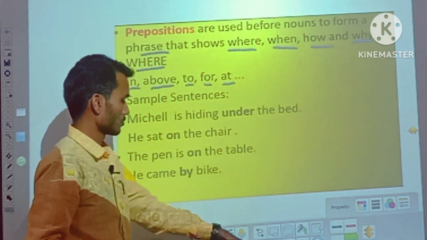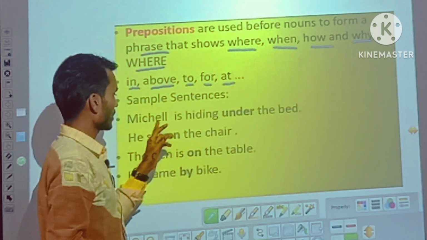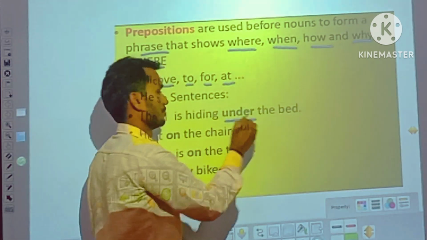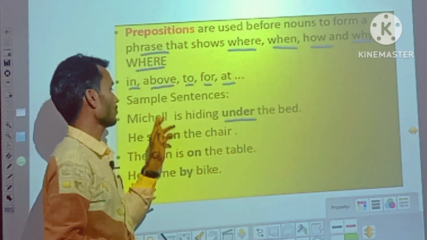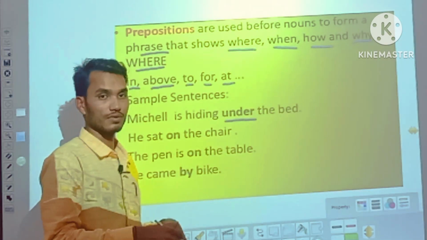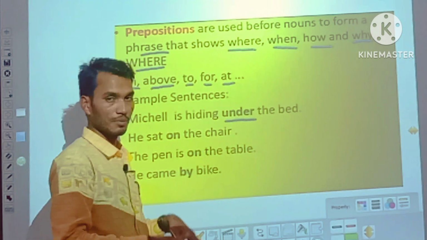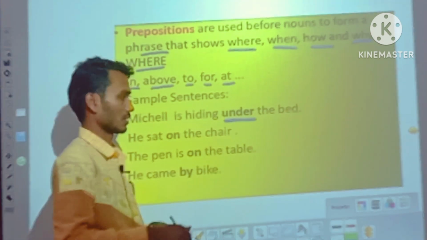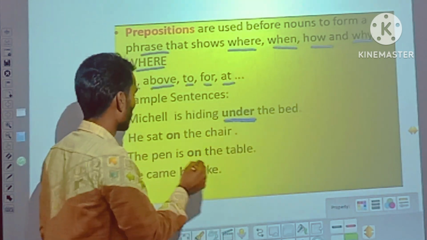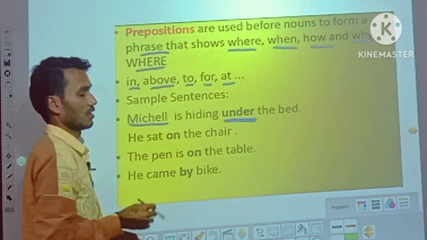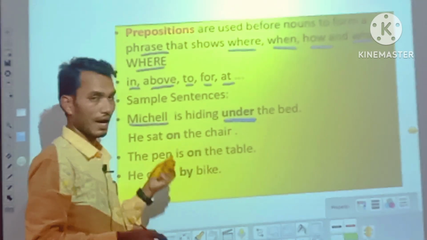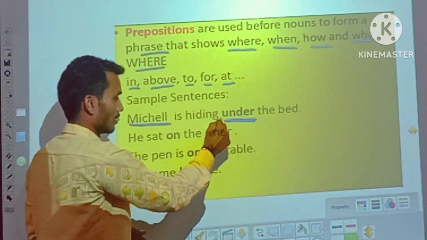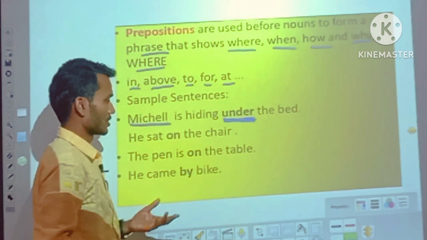Now we have: Michael is hiding under the bed. Where is Michael hiding? Michael is hiding under the bed. Here, under tells the place where Michael hides, so under is a preposition.